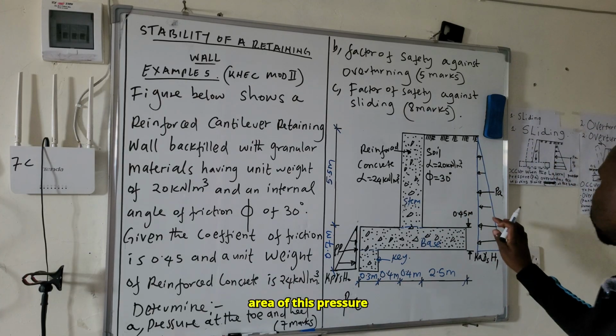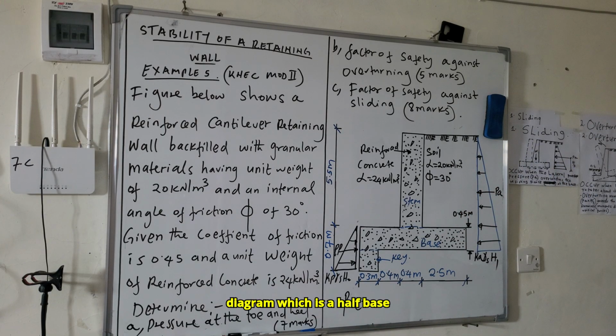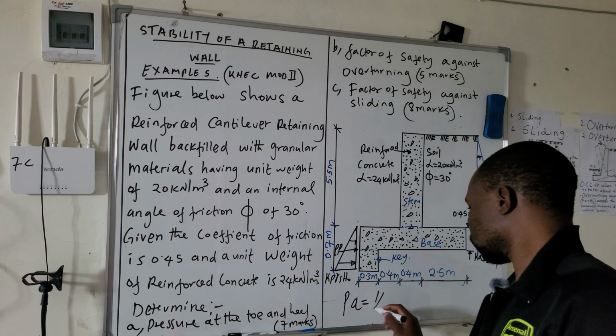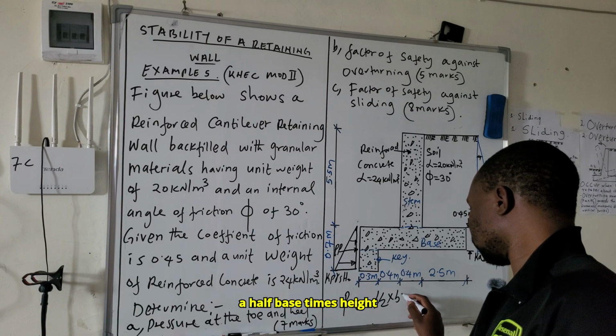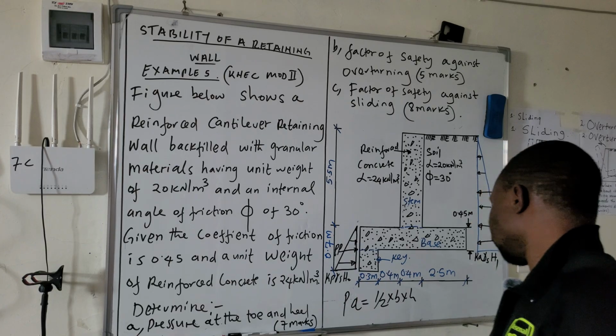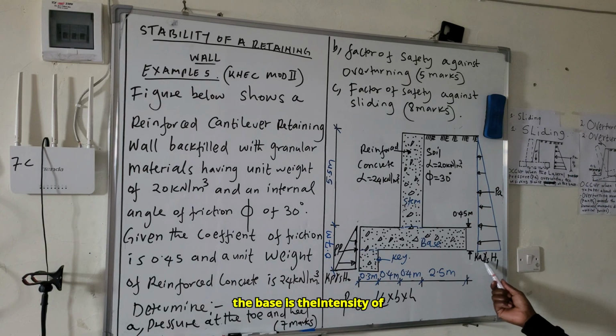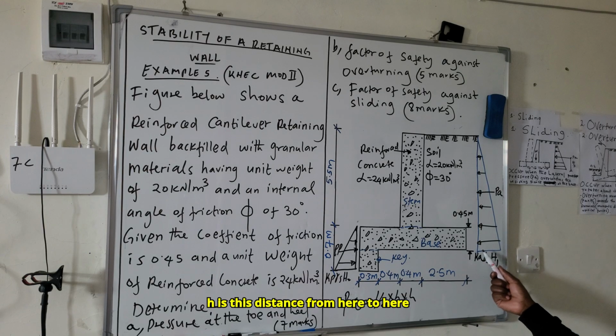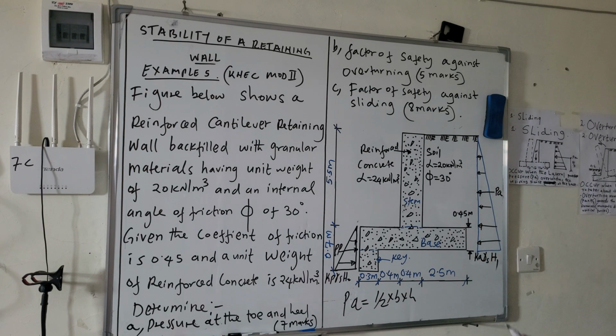PA is the area of this pressure diagram, which is half base times height. The base is the intensity of pressure at the base, and H is this distance from here to here.